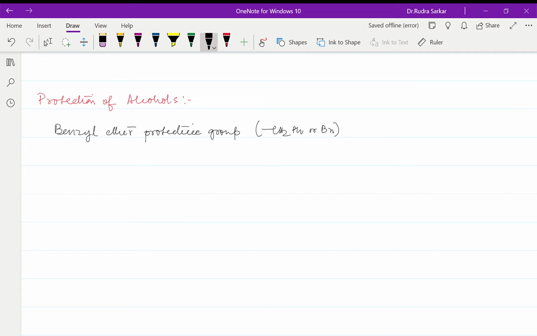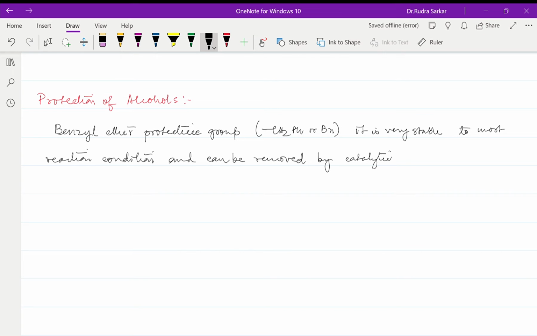The advantage of using CH2Ph is that it is very stable to most reaction conditions and can be removed by catalytic hydrogenation, which is by the use of H2/Pd.